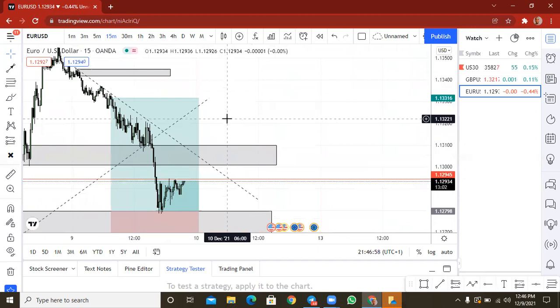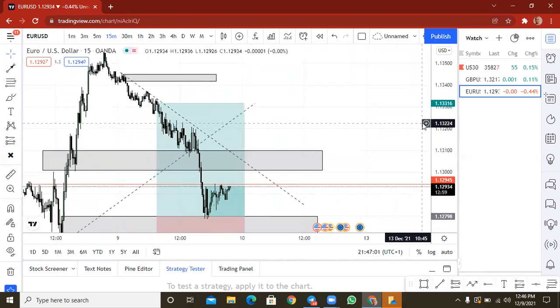My red candle was customized into a black candle. So don't be confused. What you have on my screen is a green bullish candle and a black candle that's supposed to be the bearish red candle, but it's still bearish.